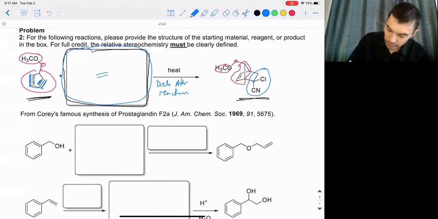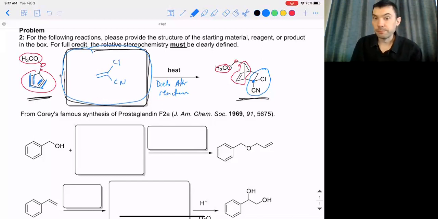And then we're going to have a chloride and a cyanide or nitrile group coming off of the same carbon. And so there you go. It turns out this particular example is from this famous 1969 total synthesis by E.J. Corey's lab. And so it's kind of a fun historical context for this relatively straightforward Diels Alder reaction.